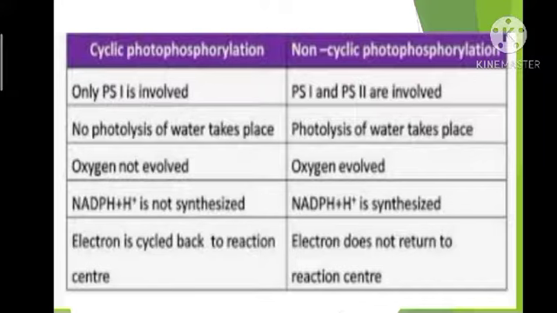Okay, and cyclic photophosphorylation takes place in stroma lamellae, and non-cyclic photophosphorylation takes place in thylakoid membrane. Okay, so this is the difference between cyclic photophosphorylation and non-cyclic photophosphorylation.